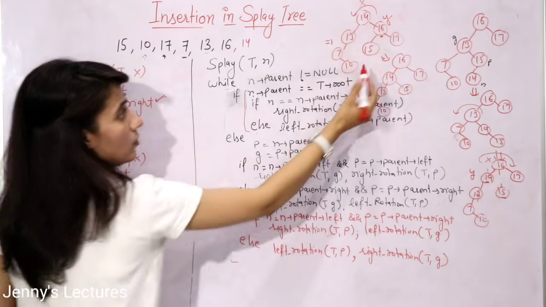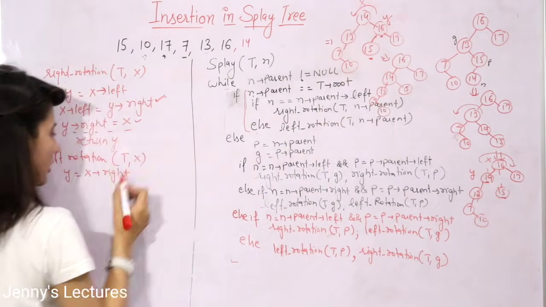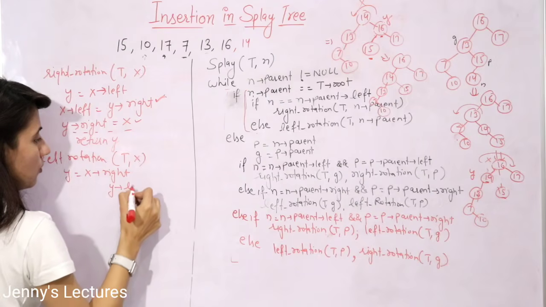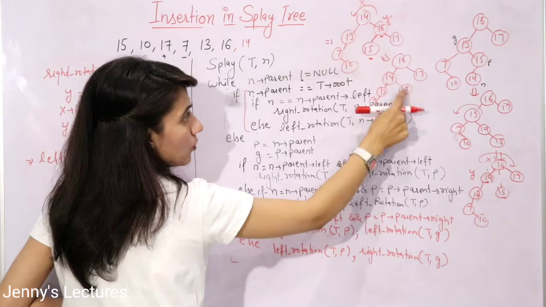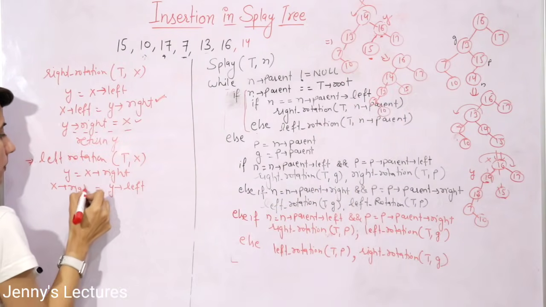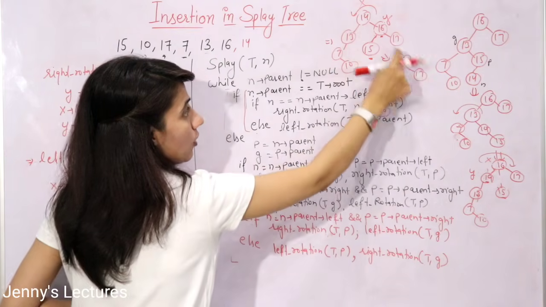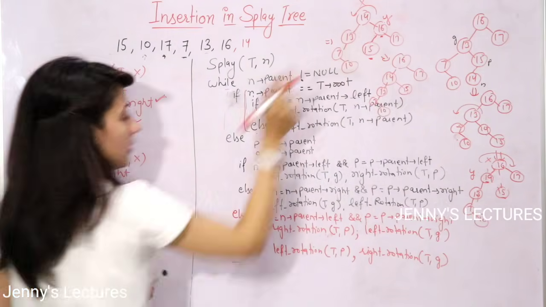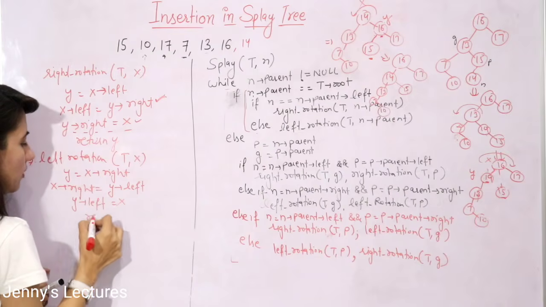Now we will set the link for this y's left child. So now y of left, the 15, becomes the right child of 14, that is the right child of x. So x of right, and now simply you can set y of left would be x and you can return y.